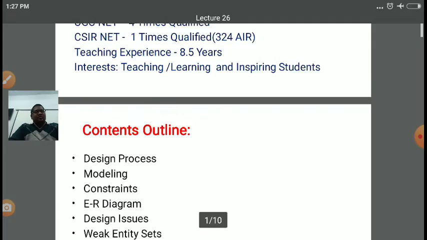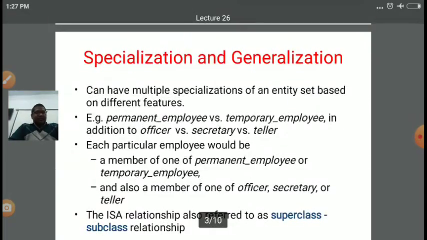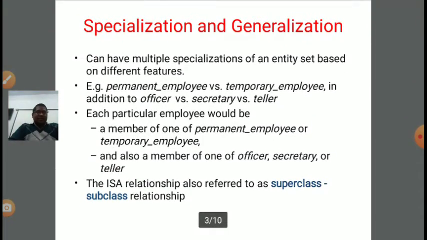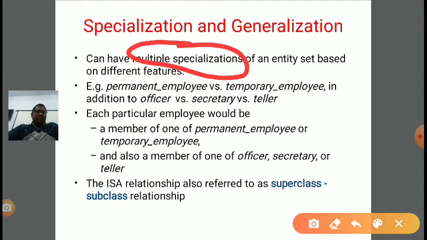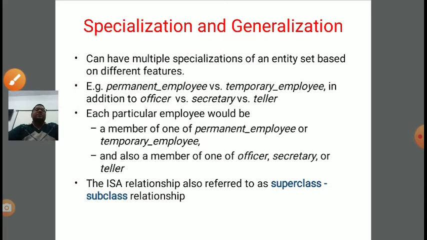Now, some new concepts. Some more concepts about specialization and generalization. We can have multiple specializations of an entity set based on different features. Very important point: the same entity set can be specialized in more than one form depending upon the features.